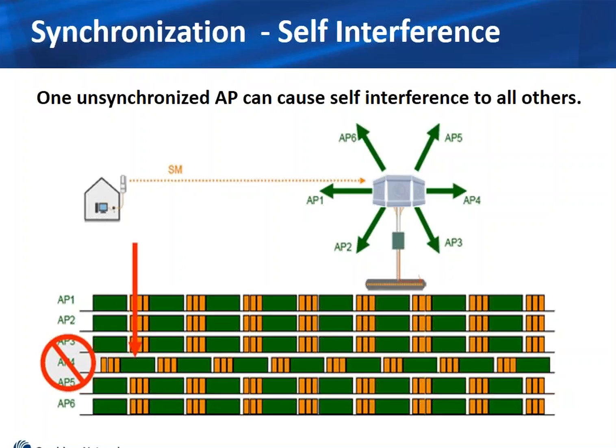It can, and this little visualization hopefully shows that. If you're transmitting at the time when all the other radios are receiving, and these are all co-located very close to each other, that one rogue transmitter can desensitize all the receivers and again cause a lot of self-interference and destruction of capacity.